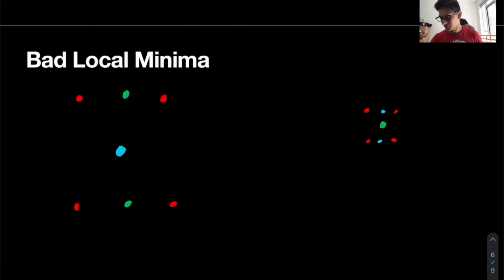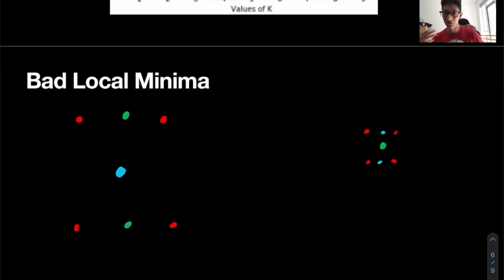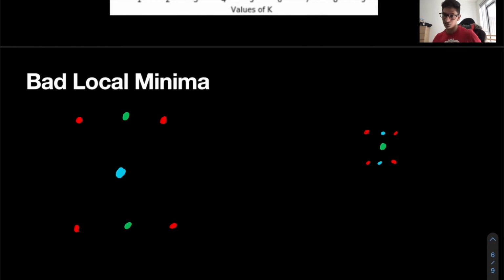So when using k-means, you want to run your algorithm a few times just to make sure that one of your iterations isn't getting stuck in a bad minima, and then you average over all of those.